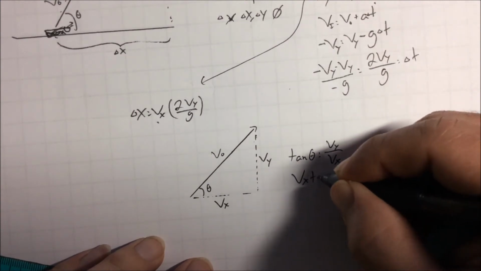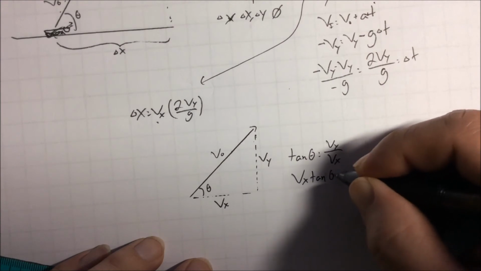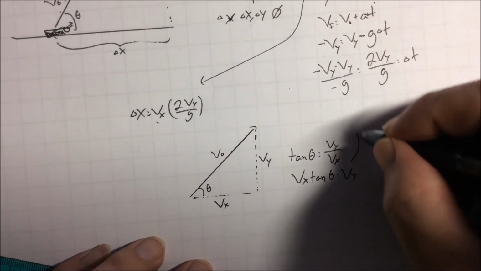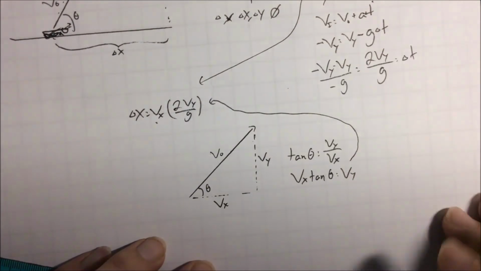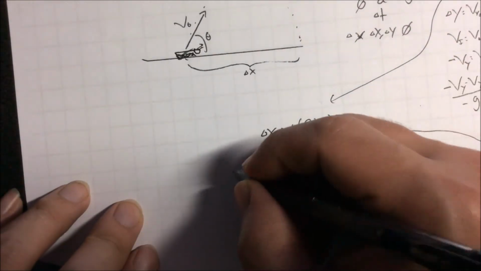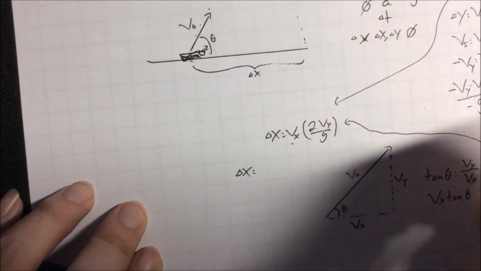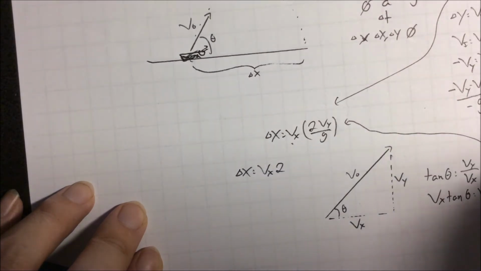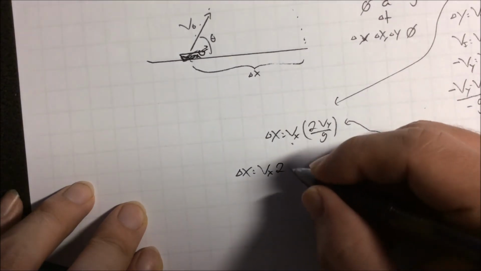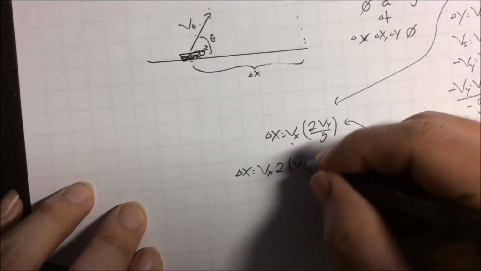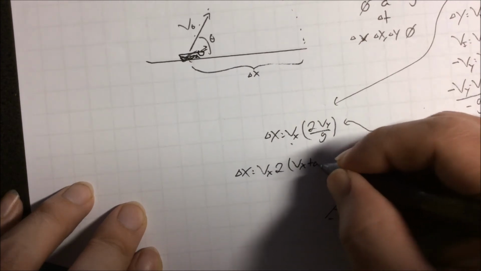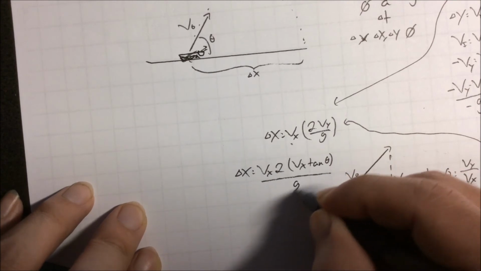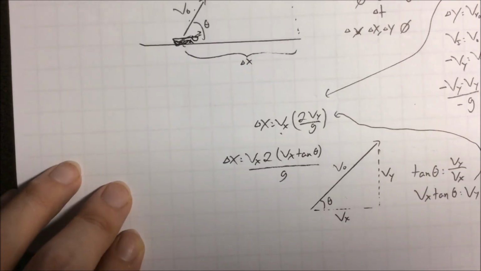Vx tangent of theta is equal to Vy. And that's good because now I can just put it in right over here. And the change of position x is equal to Vx times, well, all that stuff: Vx tangent of theta, divided by g. And we're in a pretty good spot.